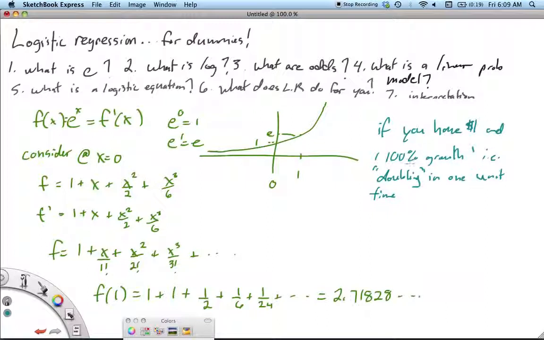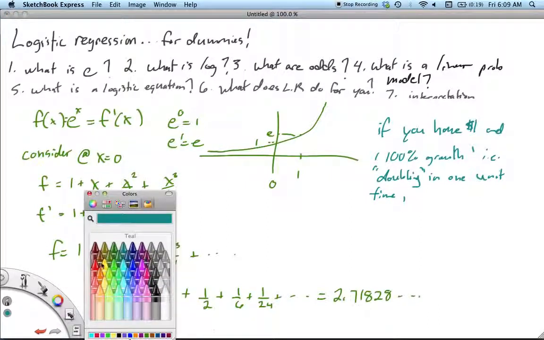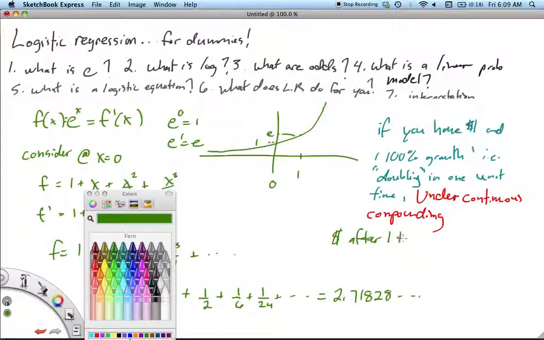But if you have $1, 100% growth or doubling in 1 unit of time, under continuous compounding, the dollar amount after 1 time unit is equal to the limit as n goes to infinity of (1 plus 1 over n) to the n, which is equal to, drum roll please, e.